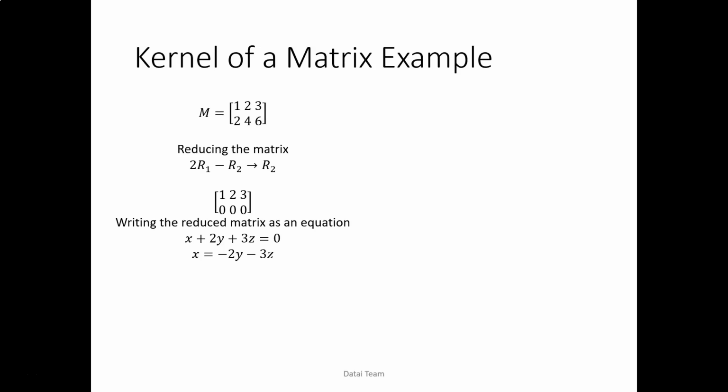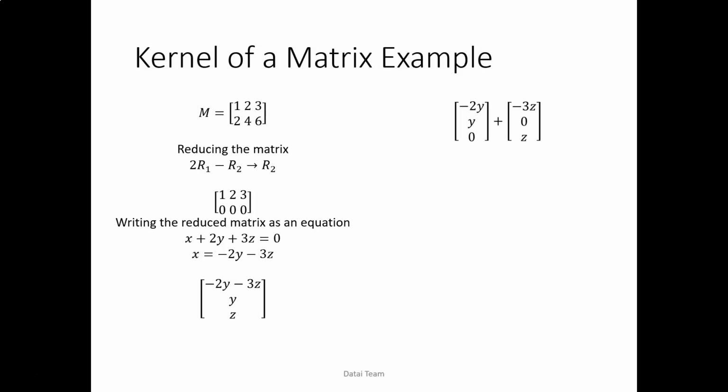X is equal to negative 2y minus 3z, and y is equal to y, z is equal to z, and then we can write it in vector format now. X is negative 2y minus 3z, y is equal to y, z is equal to z. And this is the general equation for the vectors that become the kernel. And we can separate those two vectors.